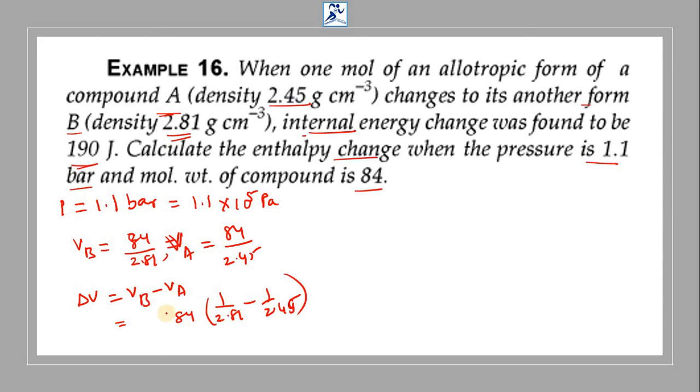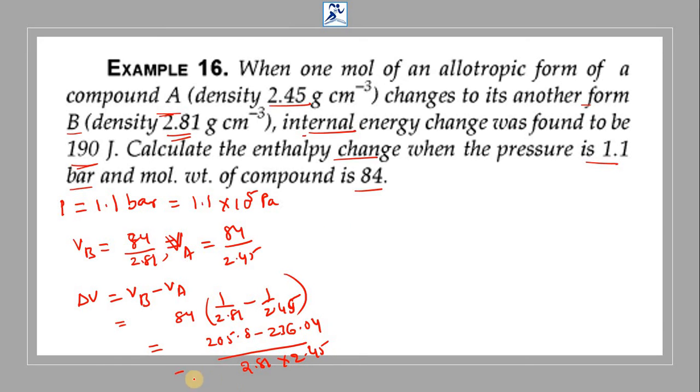Or if you open up the equation, you will also get a simplification, that is 84 into 2.45, that is 205.8, and 84 into 2.81 is 236.04, divided by the product of 2.81 and 2.45.